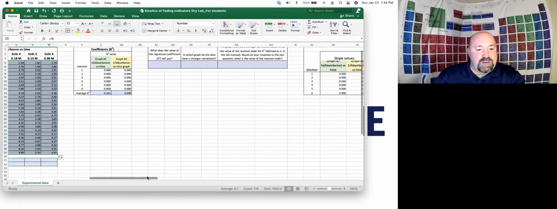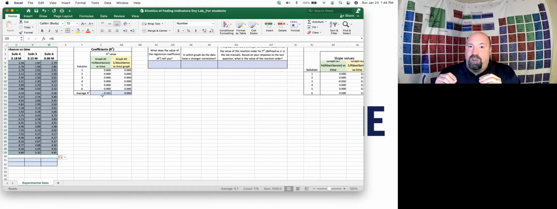And then what you'll see next is that as you input into your tables down here, it's going to populate your R squared values for you. Once you have all 6 of these, this is going to calculate your average R squared.